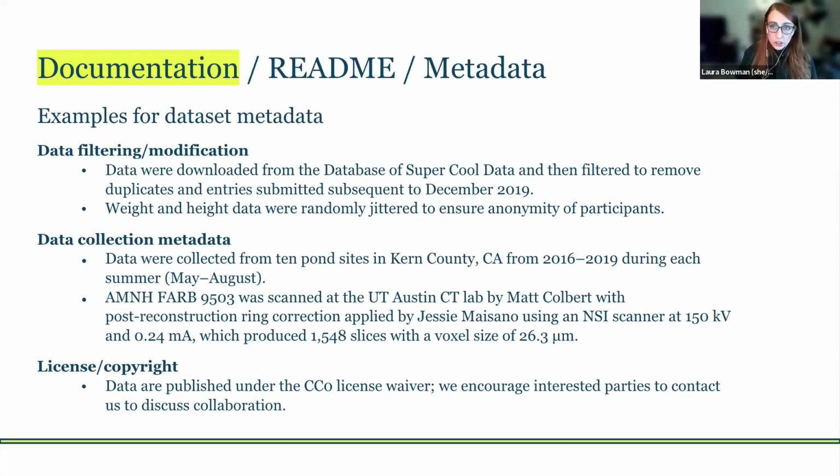So Dryad actually publishes all its data with a CC0 license waiver, which is essentially putting things in the public domain. But it's just important when you're publishing data to know what license you're putting it under and to include that in the README if it's not front and center on the repository page, just so that everyone knows exactly how they're able to reuse your data.